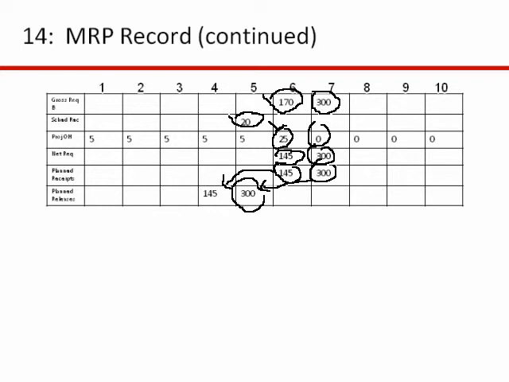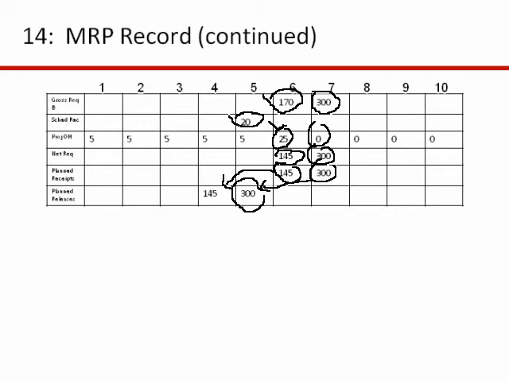Okay, so this may be a little confusing to you, and I apologize for that. But again, this is how these MRP records work. So what I'd recommend is you go through an example in the book, and it'll explain how the records work between each other and how you use scheduled receipts and on-hand amounts to get your net requirements.